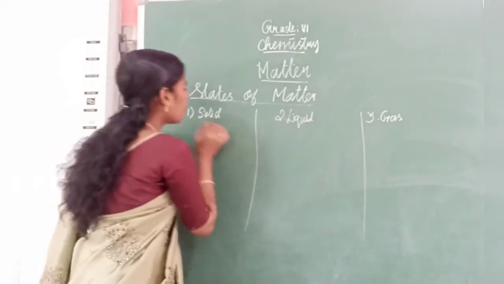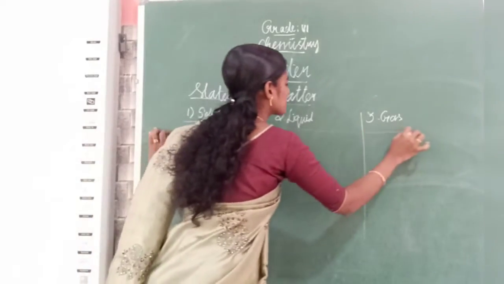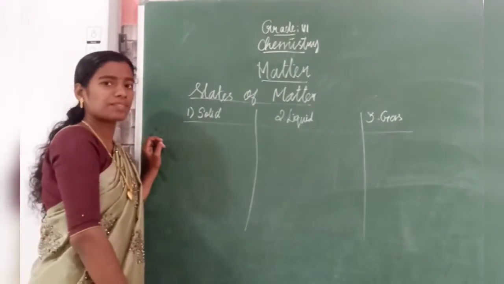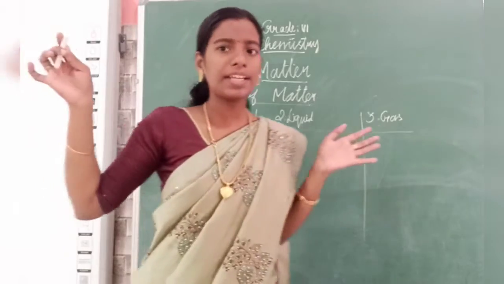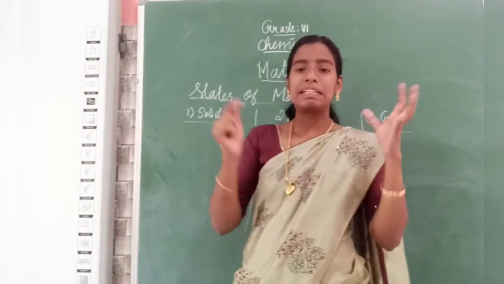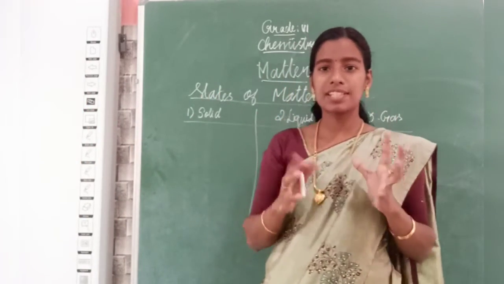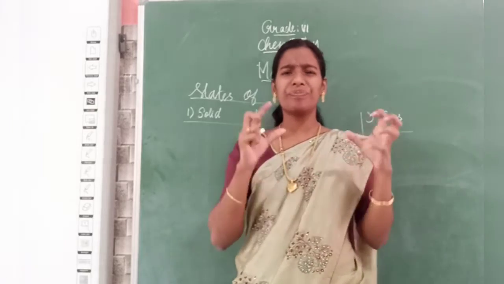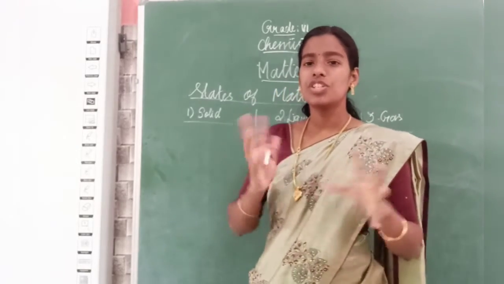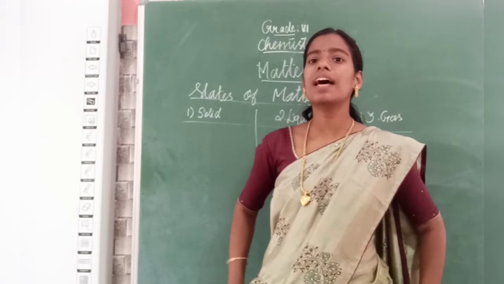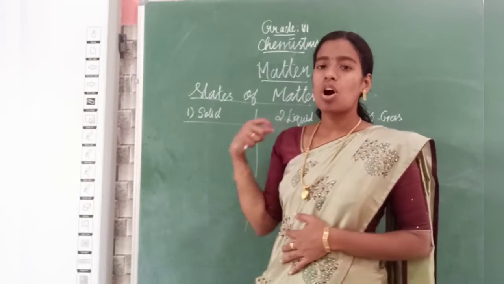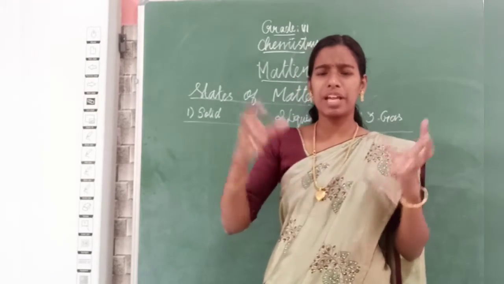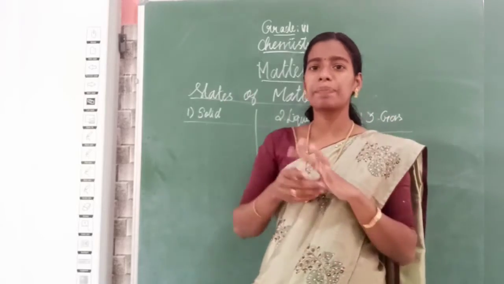Now, what is the solid state? Any solid has a definite shape and definite size, and it is very difficult to change the size or shape of a solid. We have to apply some heat or some pressure.